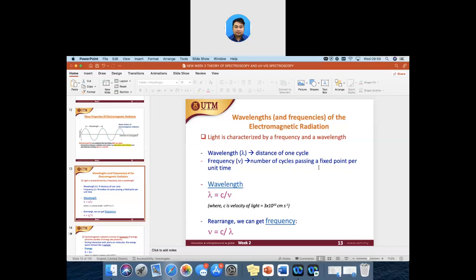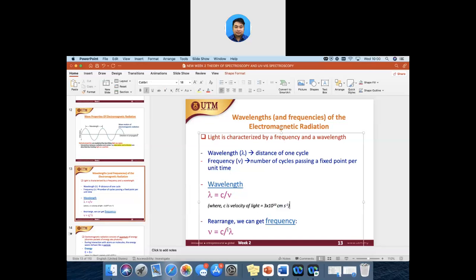So it is much more understandable if you look at it in terms of the formula. It is given that wavelength is equal to the speed of light divided by the frequency. The speed of light is a constant, 3 times 10 to the power of 10 cm s^-1. Pay attention to the unit.